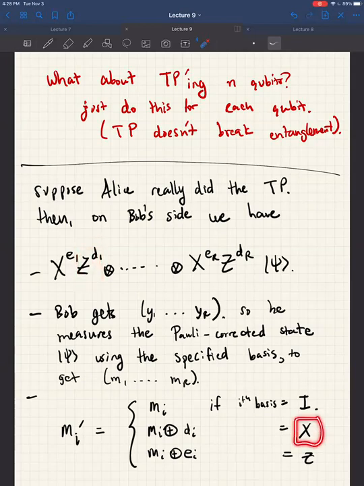But we're measuring in the X basis, and the Z correction will basically apply a bit flip to the result of your X measurement. And then the opposite thing for when the ith basis is Z.